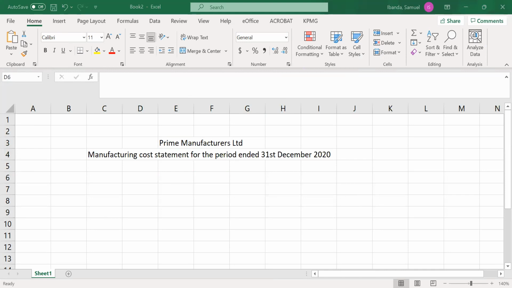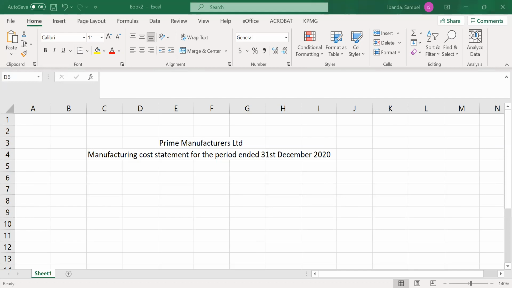Okay. So like I said, when we are looking at our manufacturing cost statement, our focus is mainly on what happened in the factory. We are basically trying to look at the goods that we are producing or we are yet to sell.